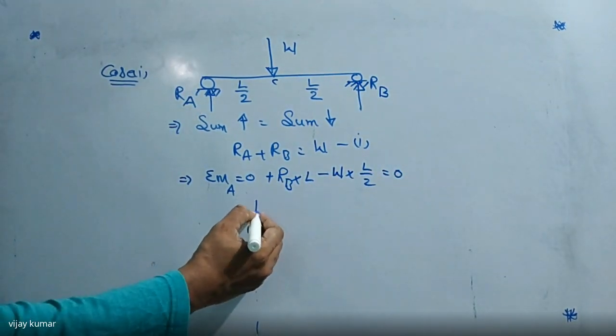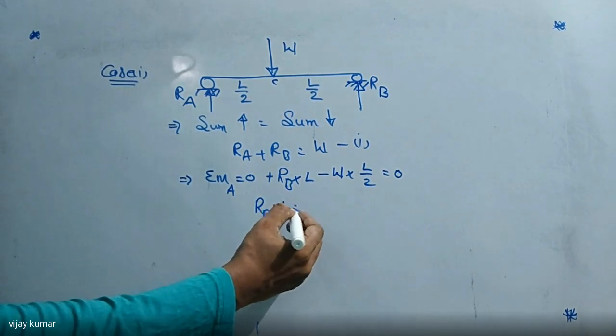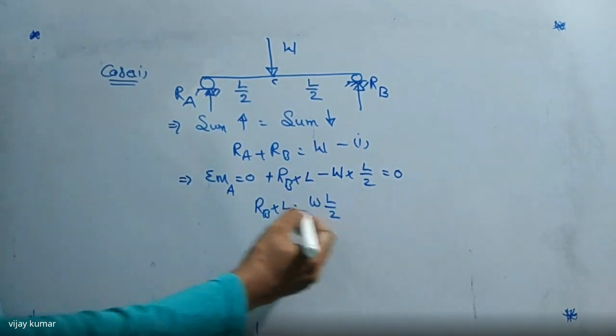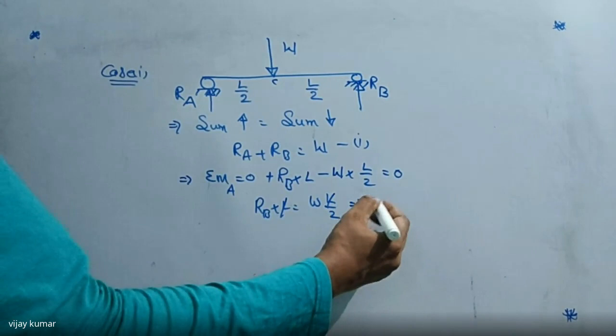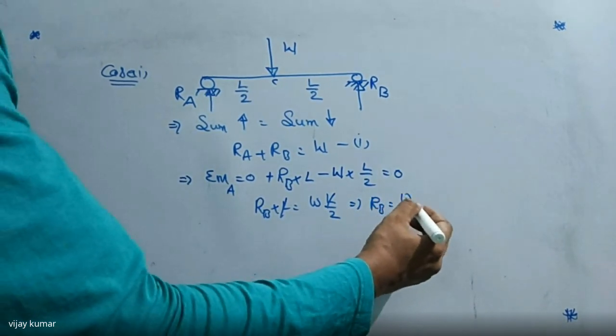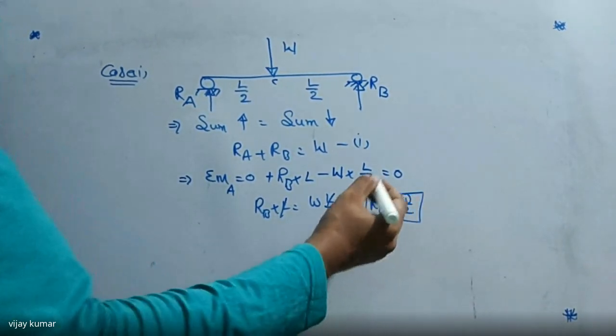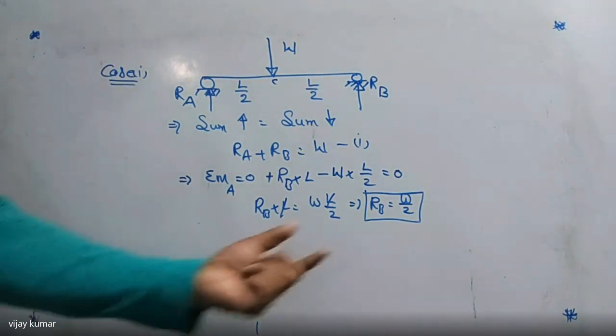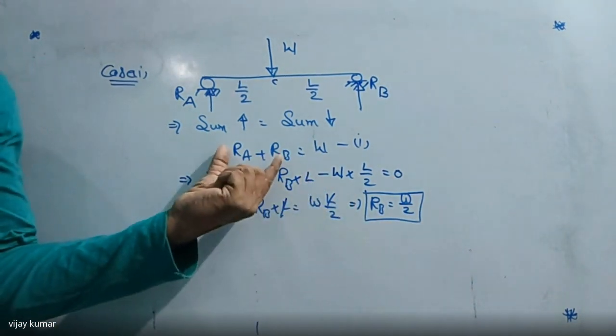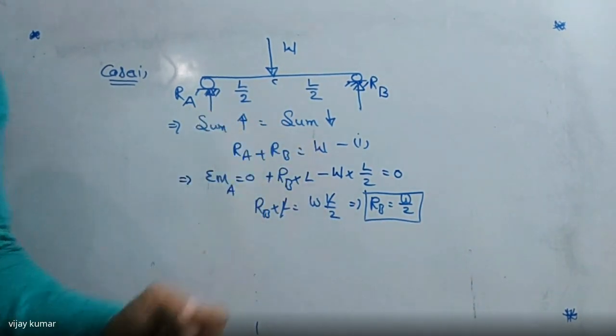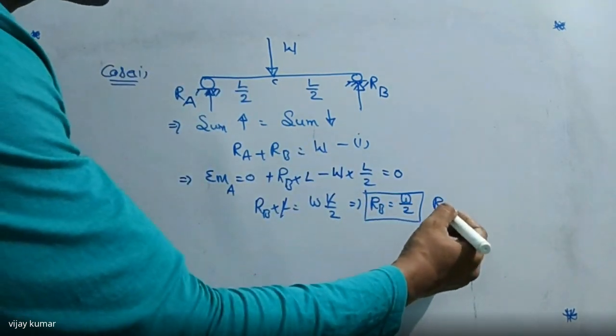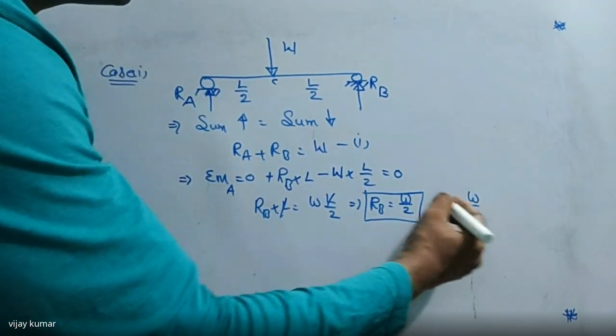So RB into L is equal to W into L by 2. L and L are cancelled, so RB is equal to W by 2. This is the way to calculate RB. If you substitute the RB value in that equation, we get RA, which is also equal to W by 2.